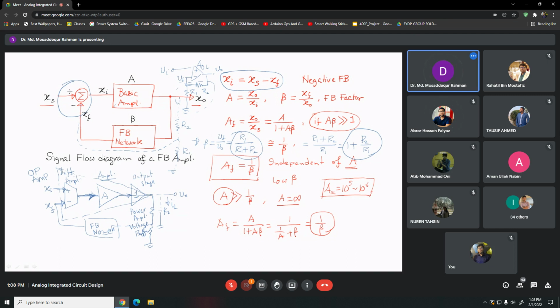We use the op-amp as an amplifier, but we can also use it as a buffer if we want to transfer a voltage signal from one circuit to another circuit. Then you connect the op-amp so that it works as just a voltage buffer with gain 1. Is that clear?